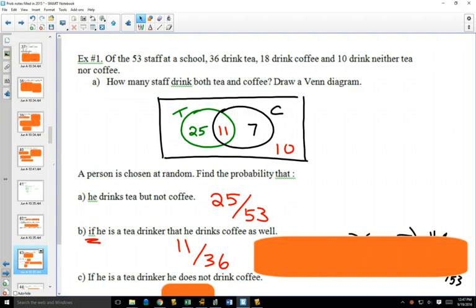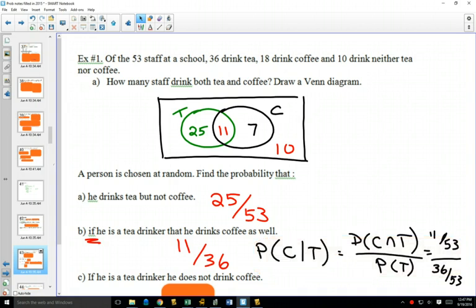And when you're given a conditional probability question where you have a chart or a Venn diagram, like this one, it becomes obvious how the sample space has become smaller. It's pretty easy when they say it is a tea drinker that we're down to 36 people. And then the chances that the person likes coffee as well is 11 out of the 36. We could use the formula here to figure this out, and this is what the formula would look like.